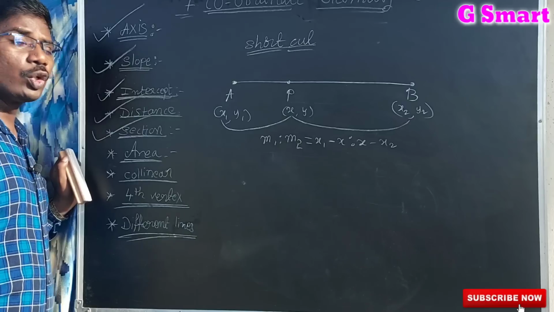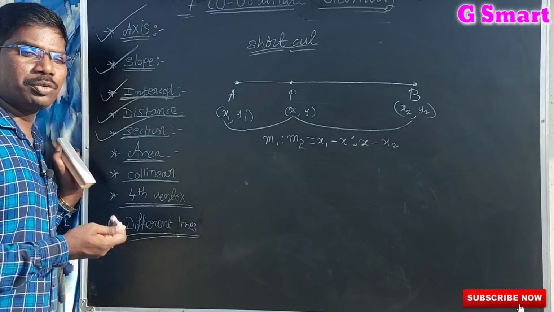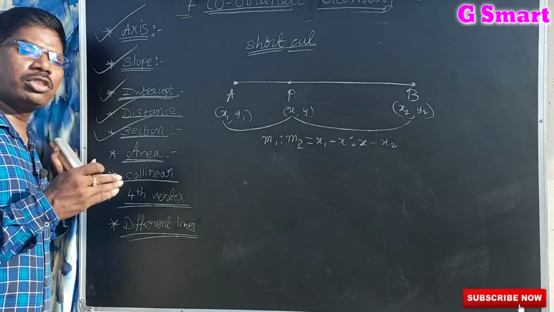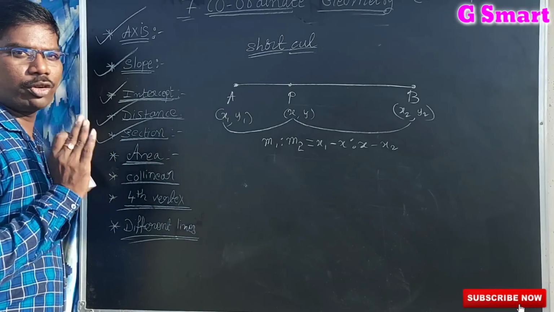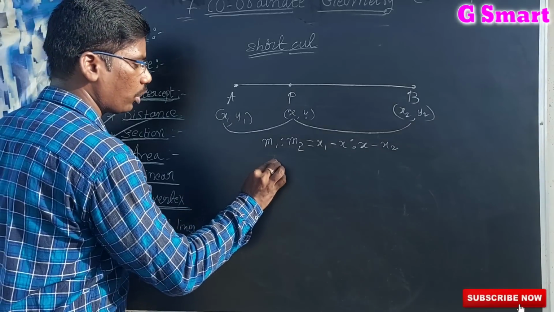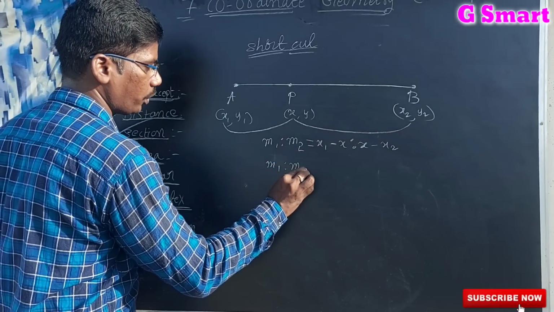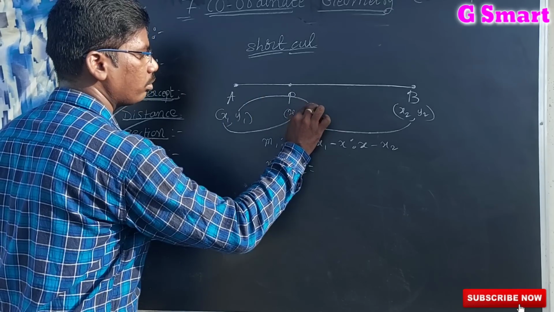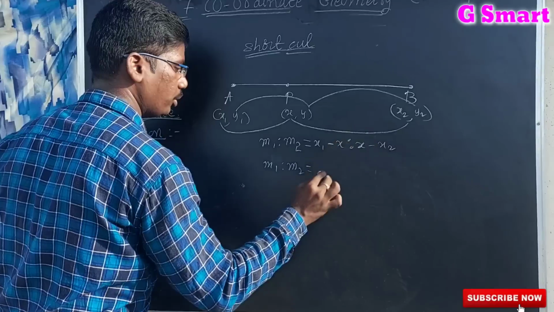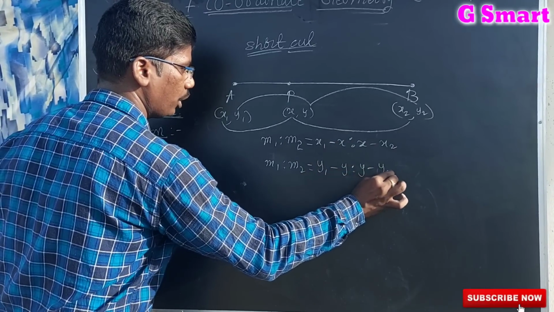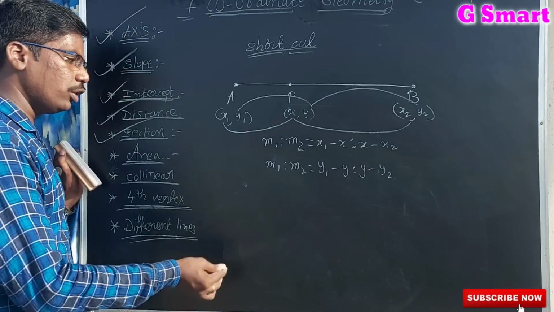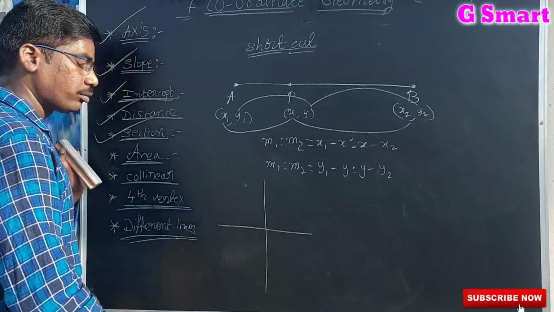This is the shortcut. So we need not write the formula, substitute the values and bring these terms and do the sum. Using the direct shortcut formula we can do it. Also, one more like this: y1 minus y is to y minus y2. This is the shortcut.